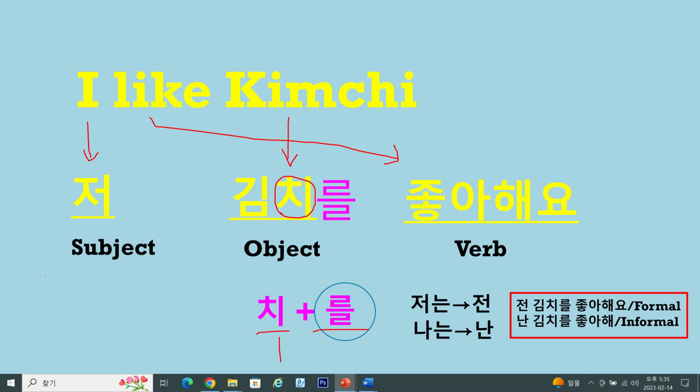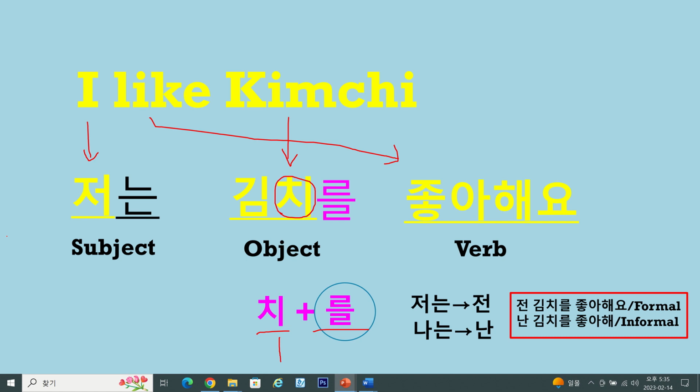And 저 is the subject, so we need a particle. Subject marking particle, what? 저는 김치를 좋아해요.